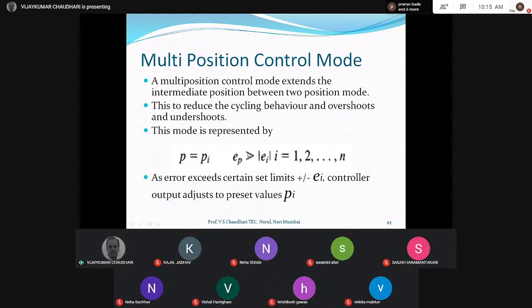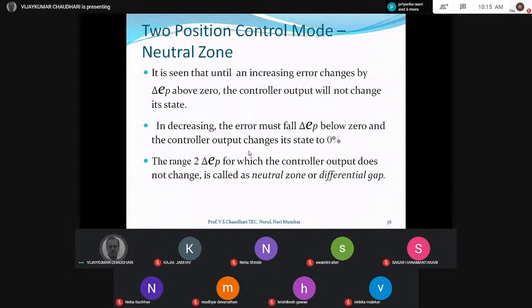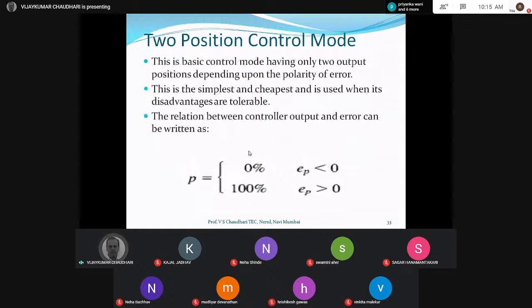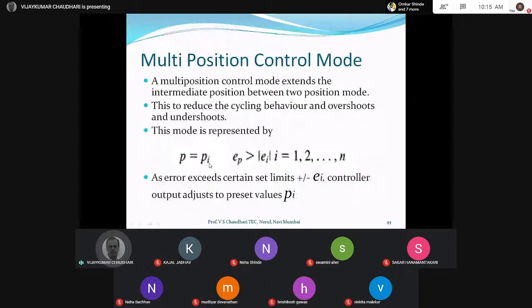How was the two position control expressed? You remember? Let's go to the expression. P is equal to 0% for Ep less than 0, and P is equal to 100% for Ep greater than 0. And what is the difference between this and this then? Now P is equal to Pi.